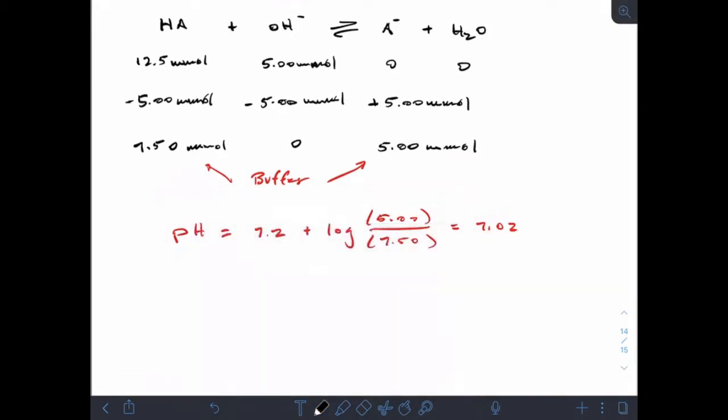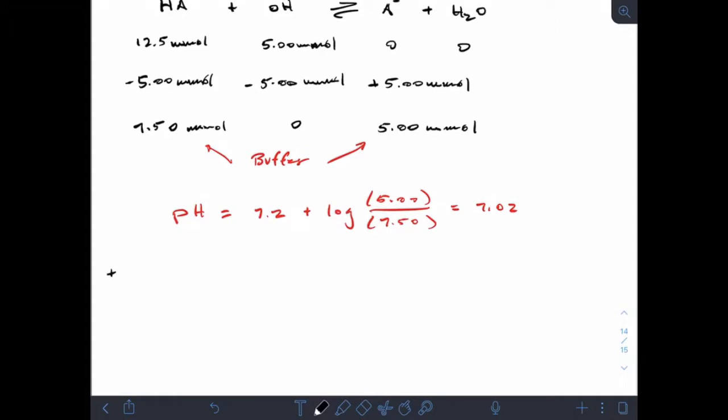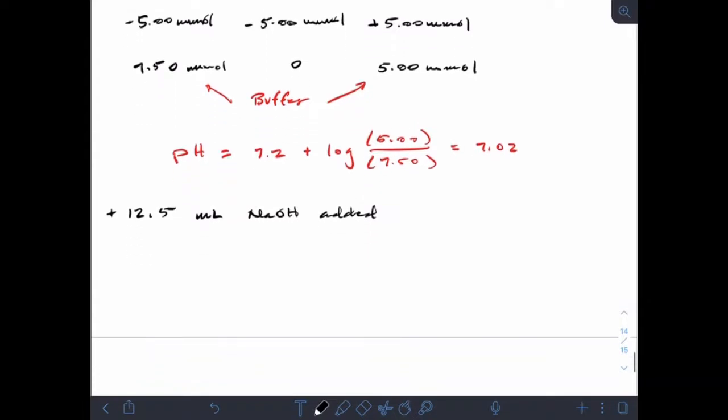Right, let's say 12.5 milliliters. So now we're going to keep doing our ice table.